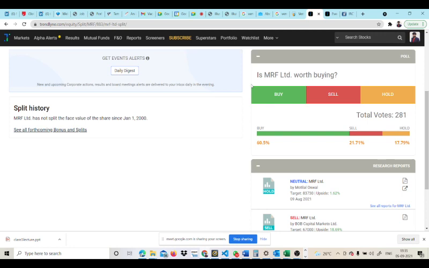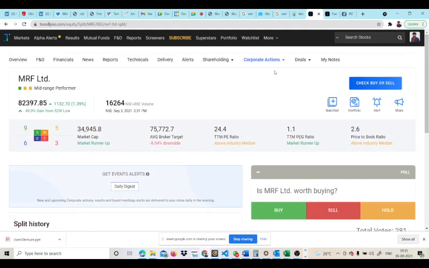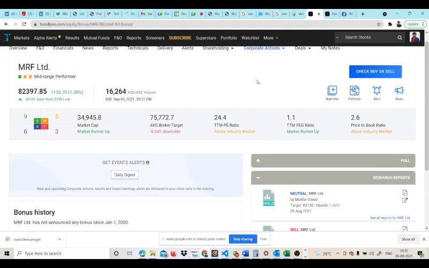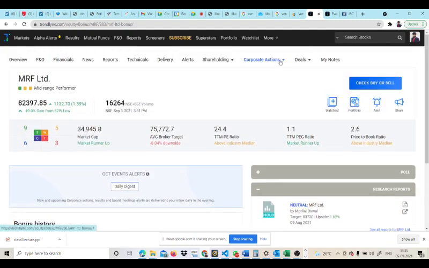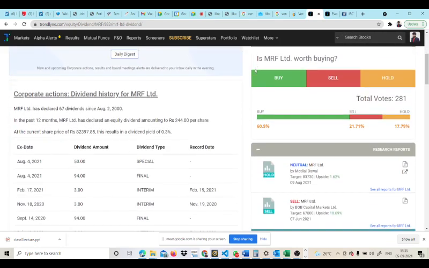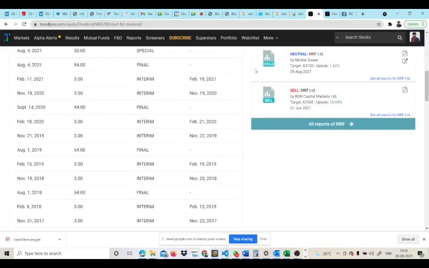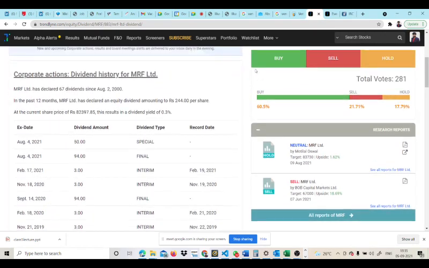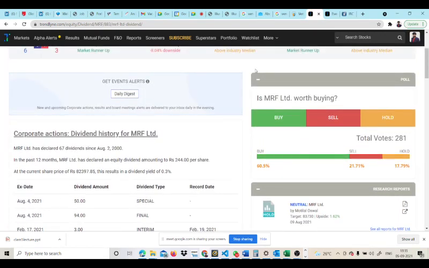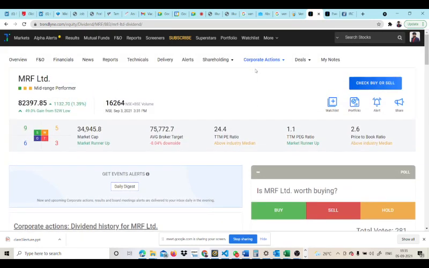So they don't have a history, right? Even they haven't announced, I'm sure, bonus issues as well. And probably they have a history of dividends, so every year they are offering dividends like 94, 40, 50, 30. But they don't have a history of any other corporate actions, right? So that is how they work.